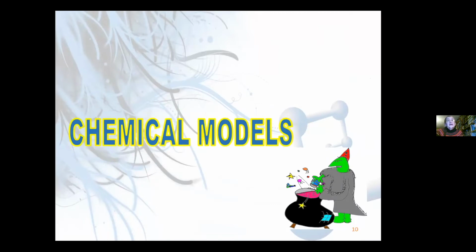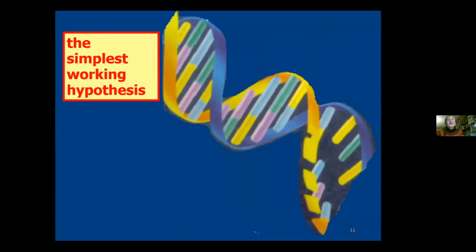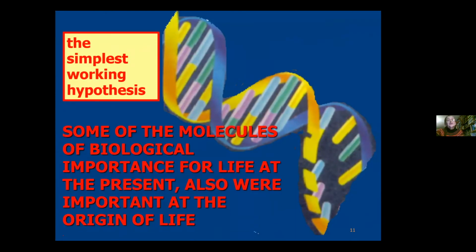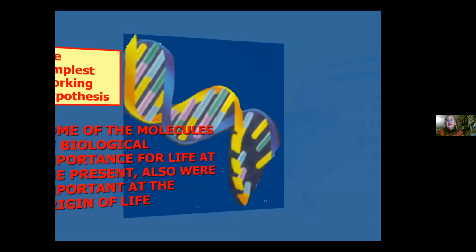From the chemical point of view, we need to build chemical models based on astronomical, geochemical, and biological observations. The simplest working hypothesis for these studies is that some molecules of biological importance for life at present were also important at the origin of life.